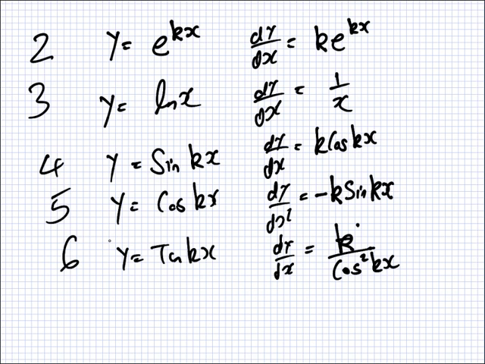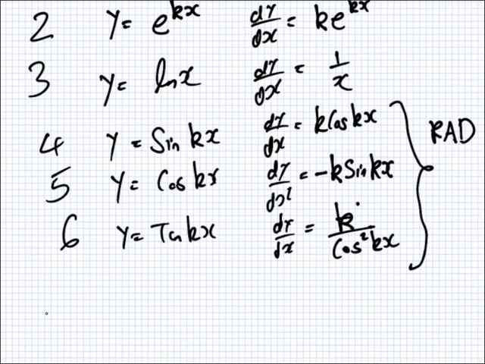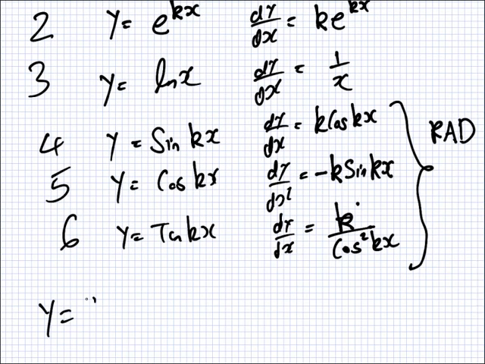Oh, I should also say that for these 3 rules here, this is vital, these rules only work if you're using radians. So for example, if I said to you y equals sine x, calculate dy dx at 1, then that means, what's the derivative of sine x?